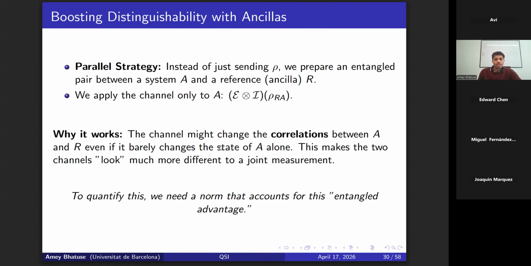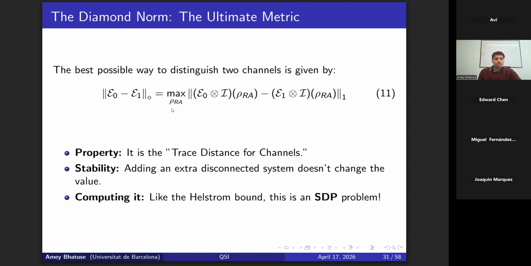This can be done using the diamond norm, which is this formula where you have one channel on the system and the reference, and another channel on the system and the reference, and you want to find the maximum difference between them over a particular state and reference.